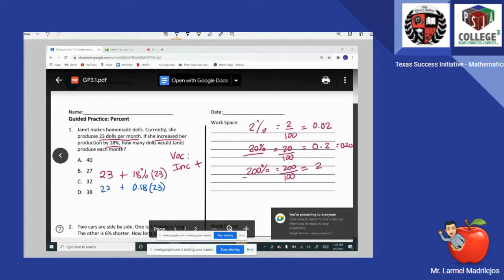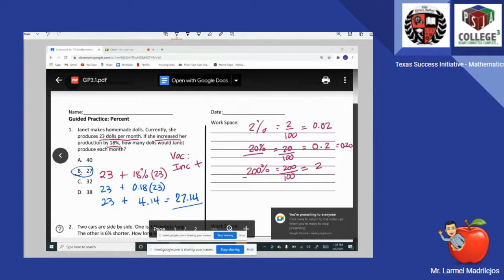If I multiply 0.18 times 23, this gives me 4.14. Then I'm going to add the original she produces. So 23 plus 4.14 is going to be 27.14. We're going to look for the closest answer here. Answer is letter B.